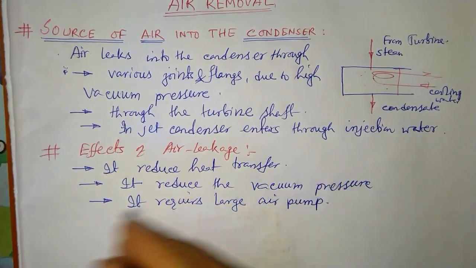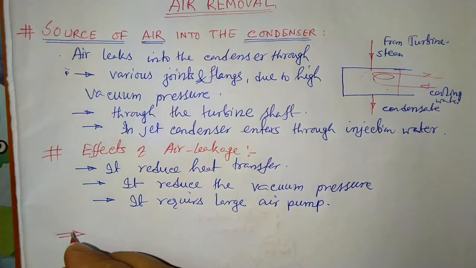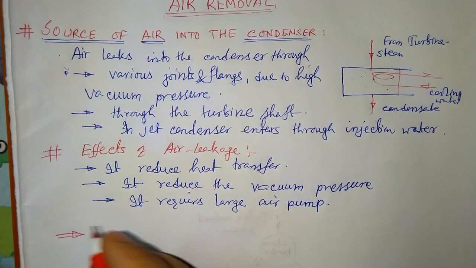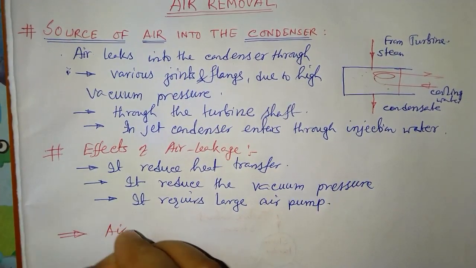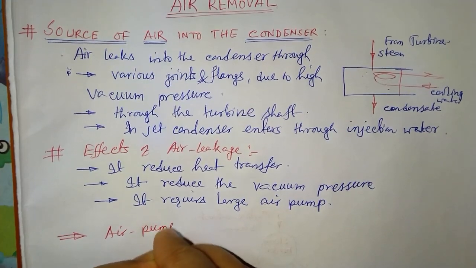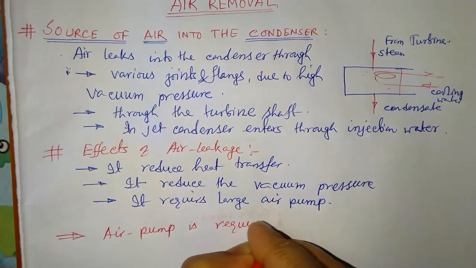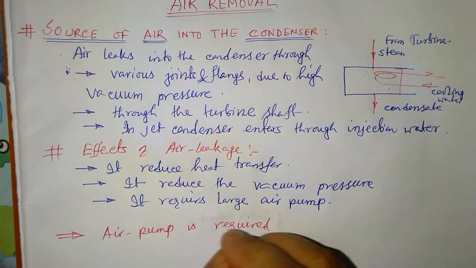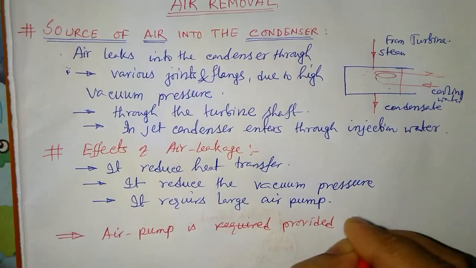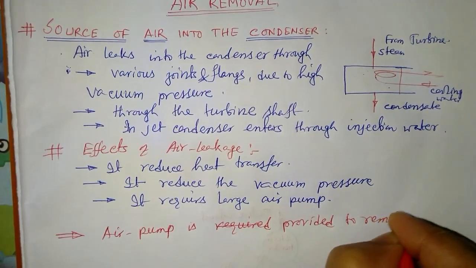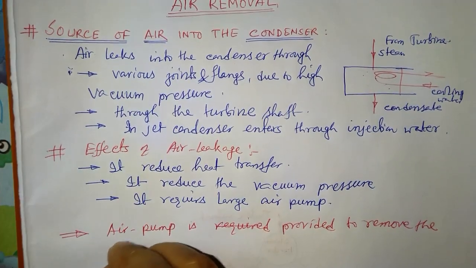To remove the air, what do we need to do? We need to use an air pump. So we can say that an air pump is provided to remove the air.